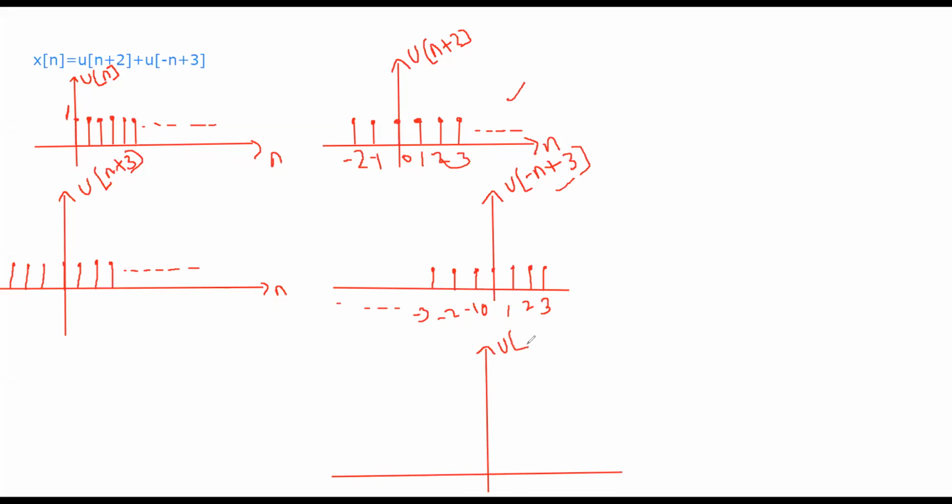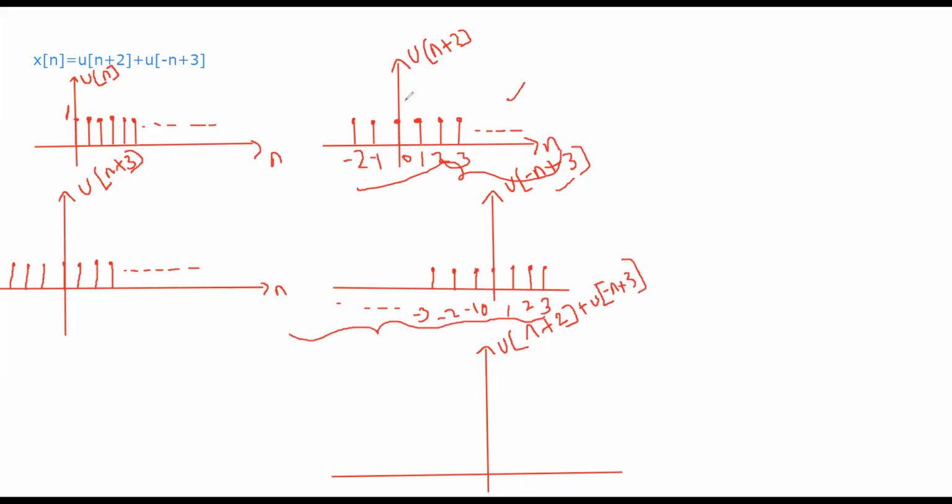What is the range of the resultant? See here, one signal is in the range of minus 2 to infinity, and the other signal is in the range of minus infinity to 3.